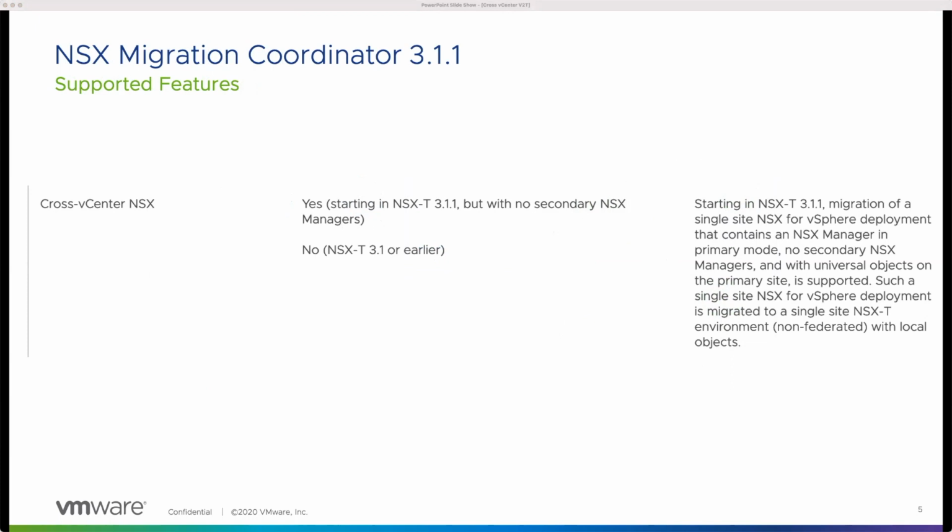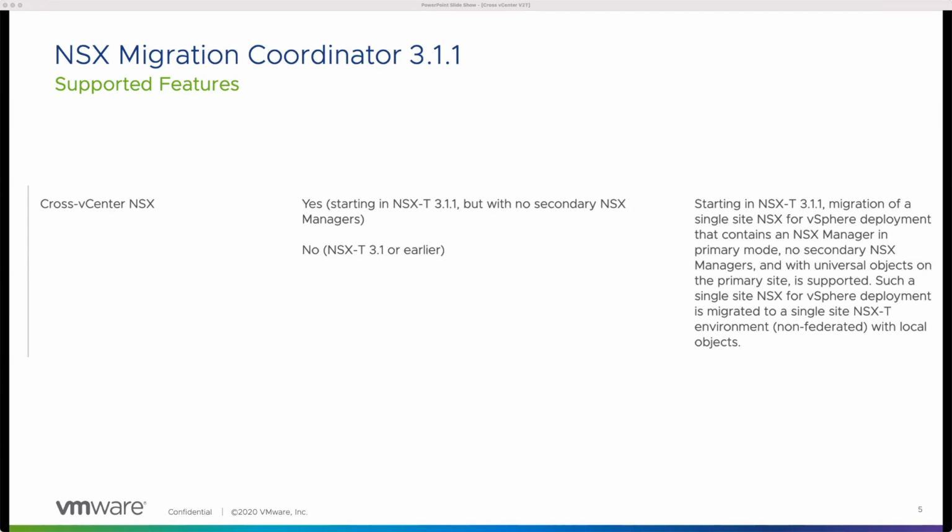So up until NSX 3.1.1, we now have a hybrid way of migrating your cross vCenter environment. As you can see here, a supported feature in NSXT 3.1.1, we're now able to migrate universal objects to local objects in NSXT. The only gotcha really here is that it's still only supported for a single NSX manager.